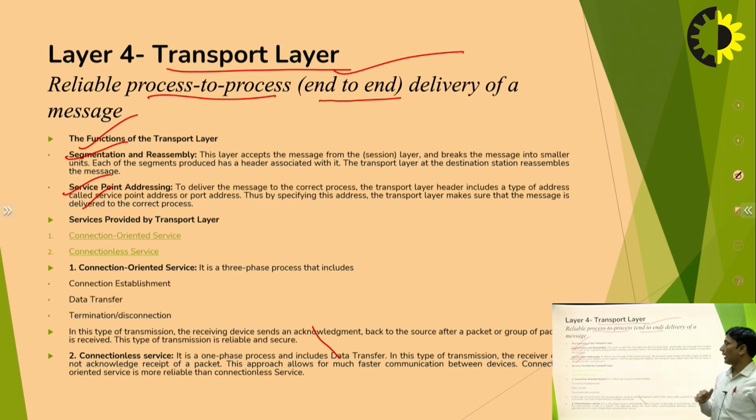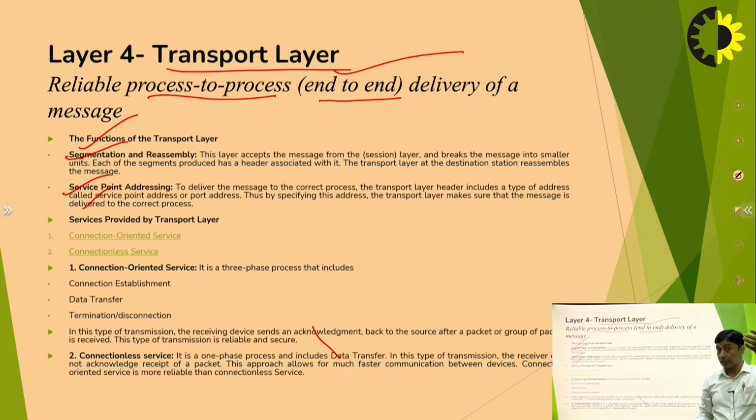This layer accepts the message from the session layer, from the upper layer. Actually the message is generated by the application layer, and then it travels from top to bottom up to the physical layer.